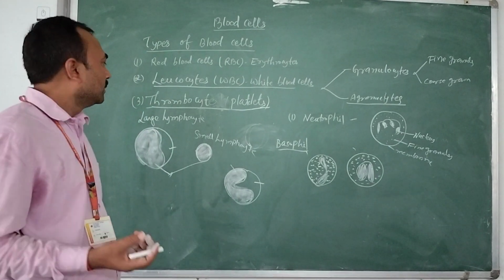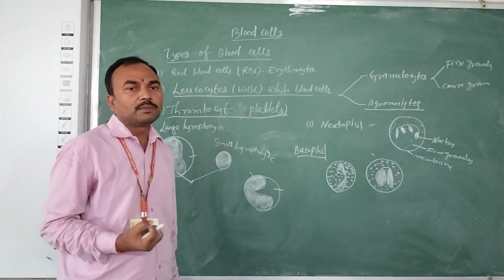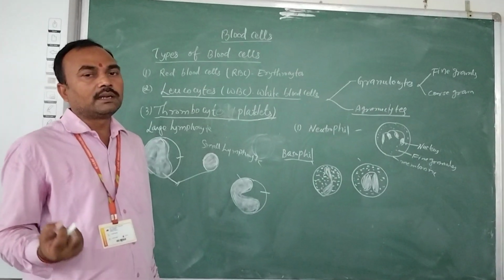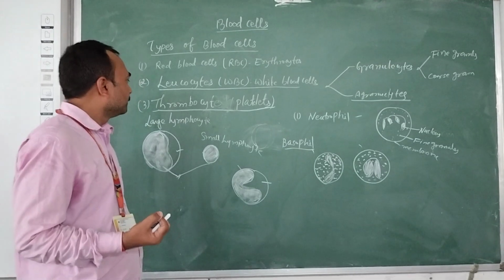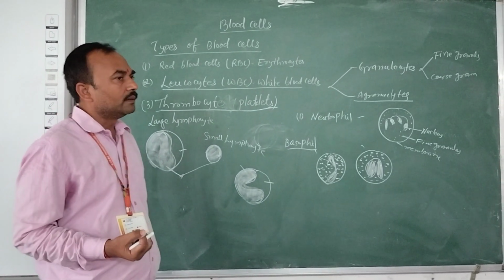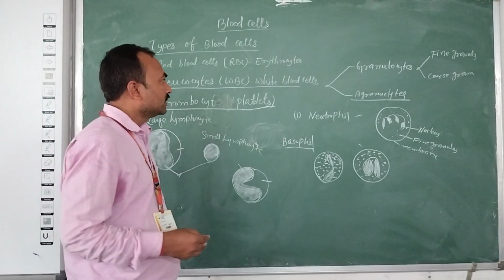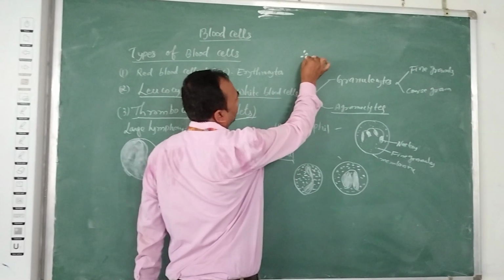Once the platelet number decreases from the normal range, less than 1.5 lakh per cubic millimeter, then we say thrombocytopenia.